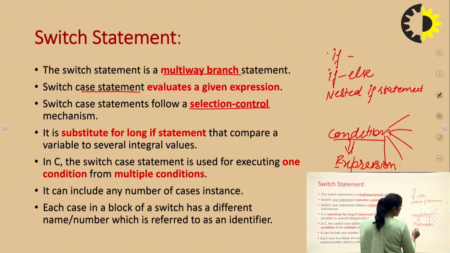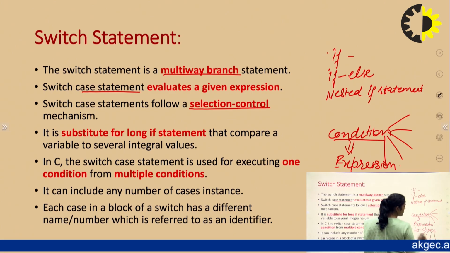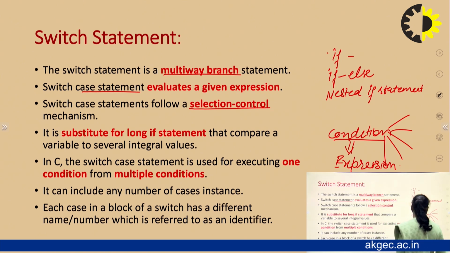Let's say we are choosing a variable ch as a choice in the switch, and this choice may be 1, 2, 3, 4, and up to n. So this will provide cases: case 1, case 2, case 3, case 4, and up to n. That's why it is called a selection control mechanism.